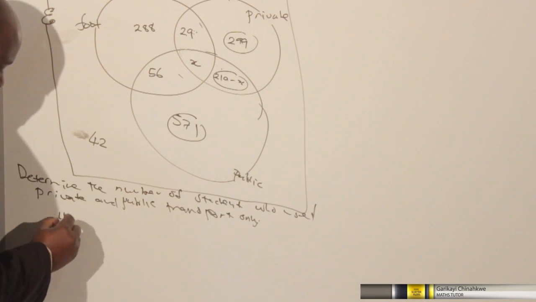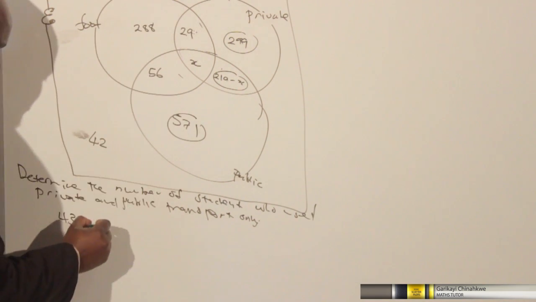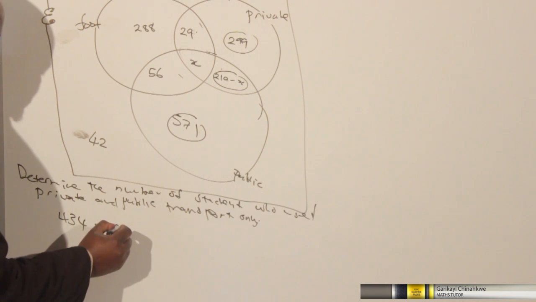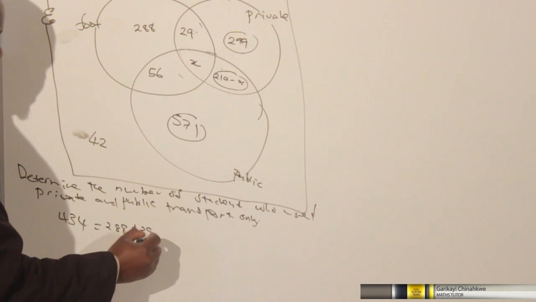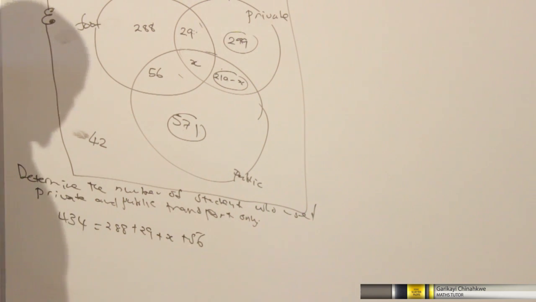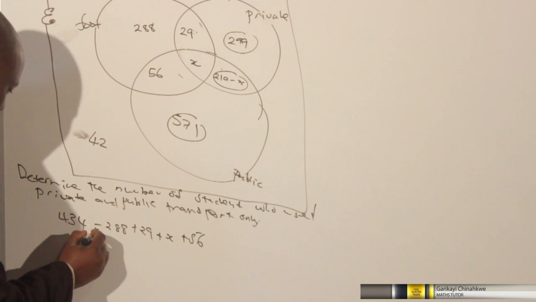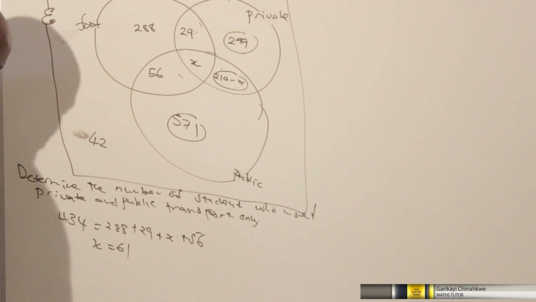We know that it's 434 for people who use foot, which gives us 288 plus 29 plus X plus 56. So therefore, we're just going to say 434 minus 288 minus 29 minus 56. So therefore, X is equal to 61.